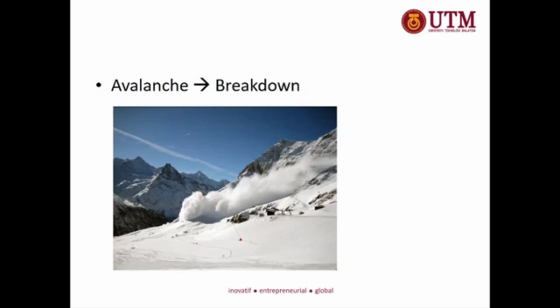So this is the image of an avalanche. This is an avalanche happening on a snow mountain. Maybe at the tip of the mountain the starting size of the snowball is just small, but along the movement from the top to the bottom of the mountain, there will be accumulation.